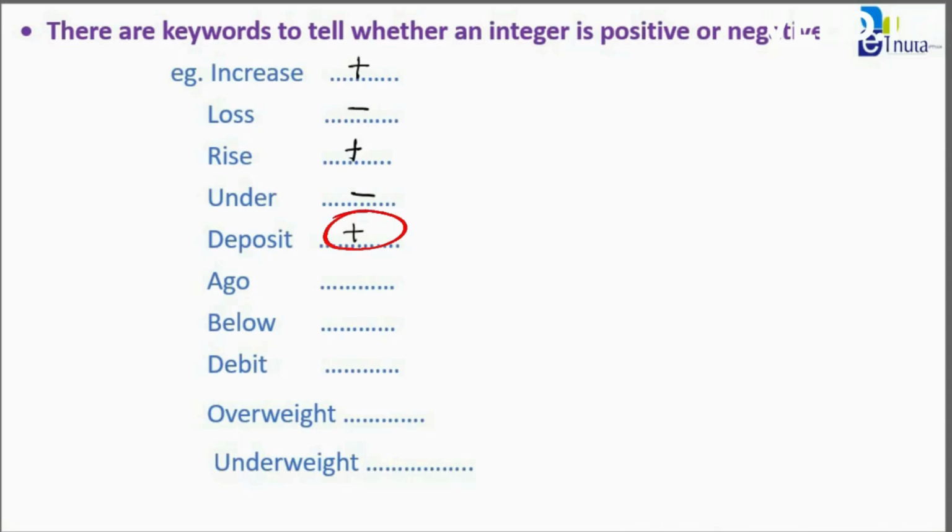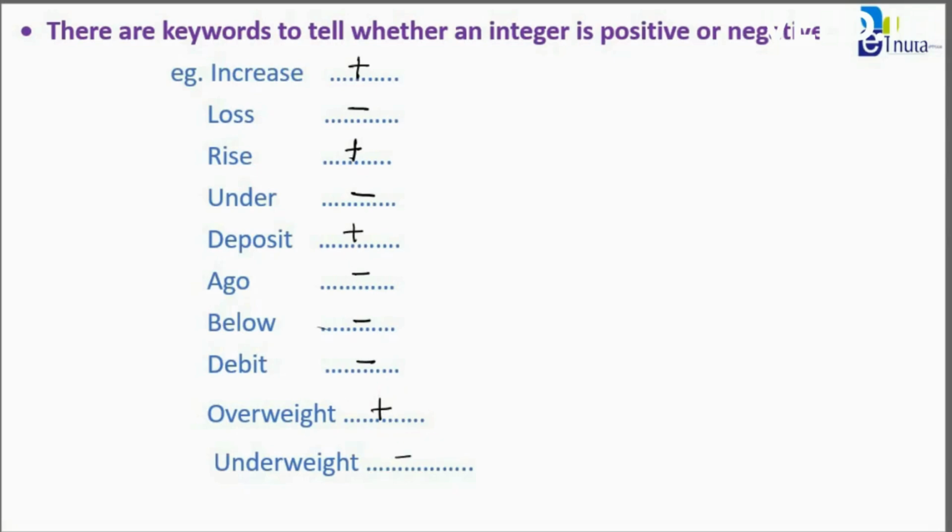Where you go to deposit, it's positive. Where some years ago, the number of years ago should carry the negative sign. And below, if you dive below, it means negative. If you debit, it means negative. Overweight, positive. Underweight, negative.